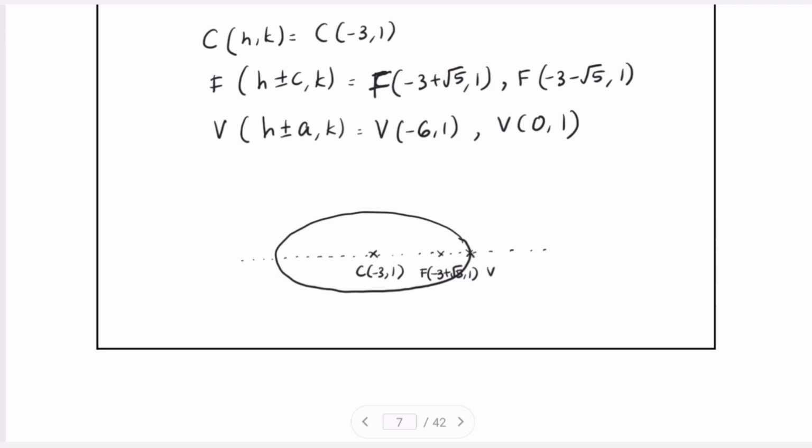And the vertex will be over here, which is (0, 1). Repeat the same process over here. It's (negative 3 minus root 5, 1). And V over here will be (negative 6, 1). Don't forget to sketch or draw your axis. So this will be your y-axis.